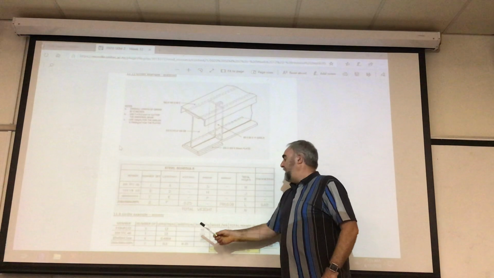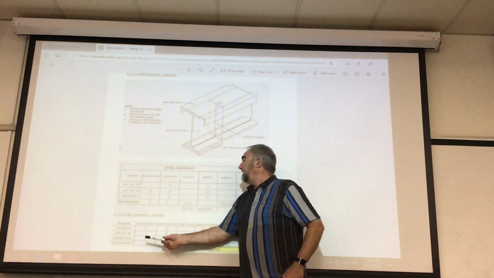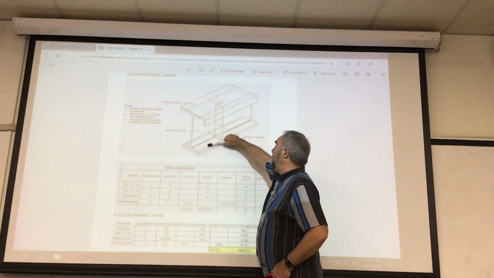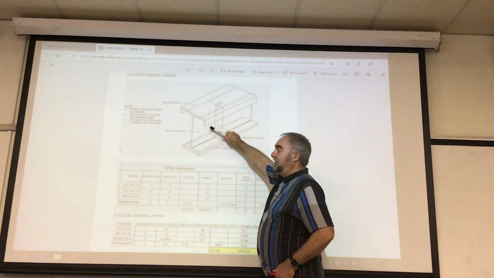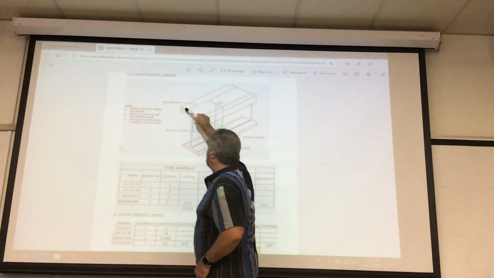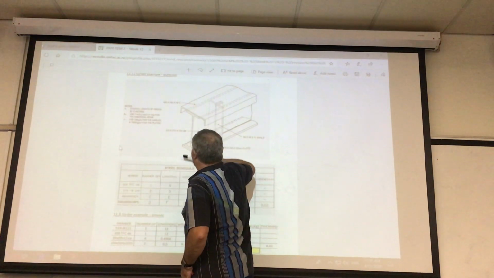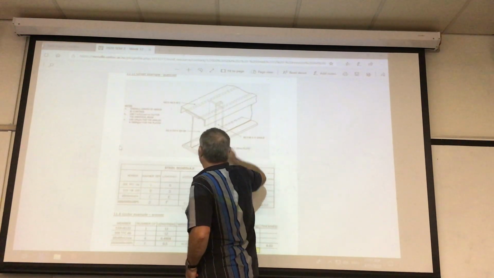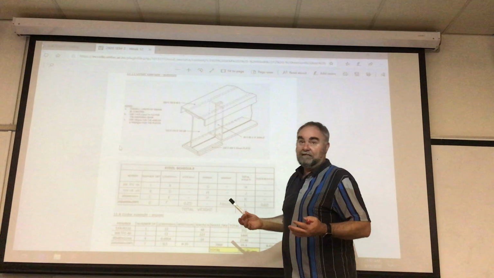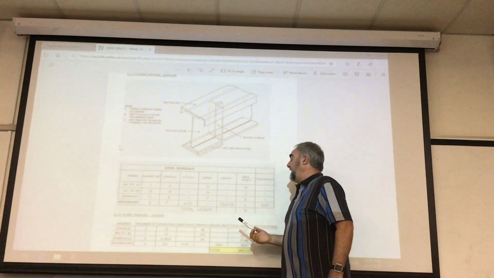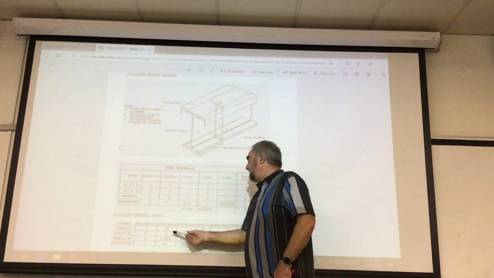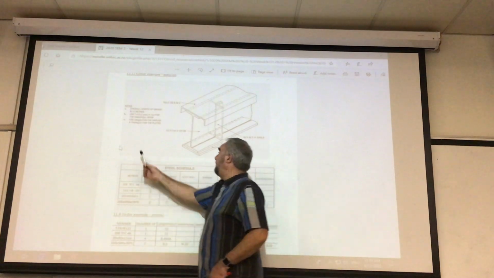So the one is how many of them are there. So this diagram will not change. So there will be some form of similar member on top. There'll be a similar member here, here, and here, but a different size. Okay. The length, well, that's going to be taken from up here.